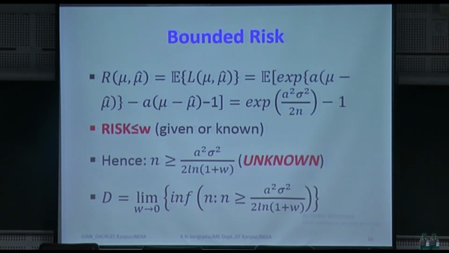So the bounded risk, the risk value would be given. So the risk is this. Obviously sigma square is unknown.